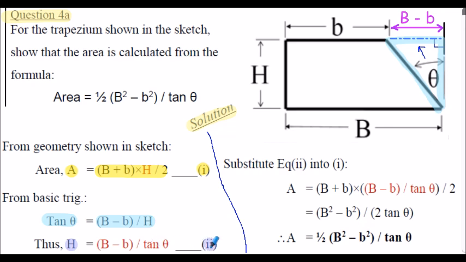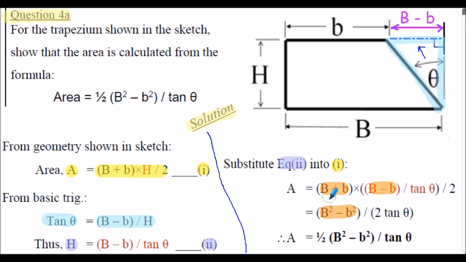We now substitute equation 2 into equation 1. So here's equation 2 placed into equation 1 for height h. And if you expand this binomial bracket with this binomial bracket, that will simplify to the capital B squared minus lowercase b squared.